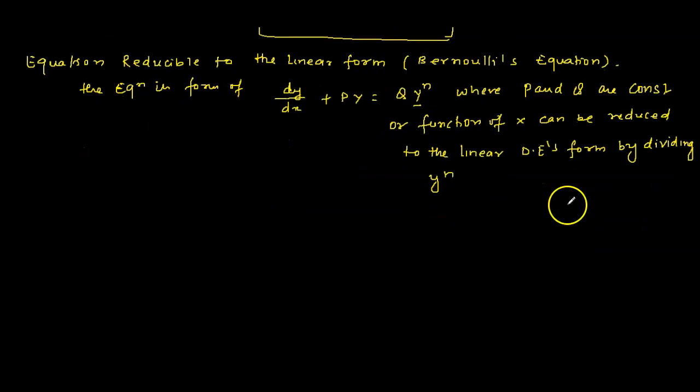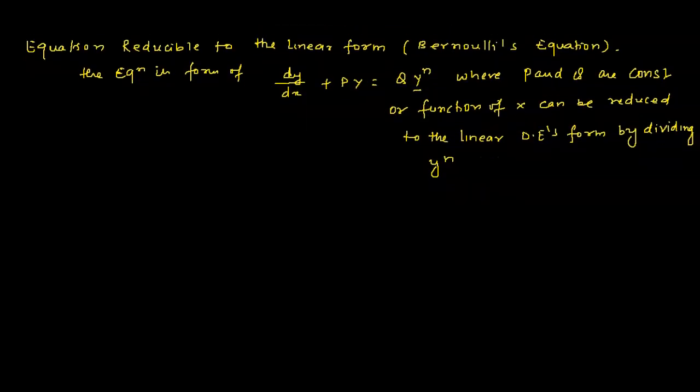Here, y is given on the right hand side, so we have to divide by y to the power of n, and finally you have to substitute 1 by y to the power of n minus 1 is equal to z. I will tell you how to do it, just keep it in mind. Getting here? Yes, sir.